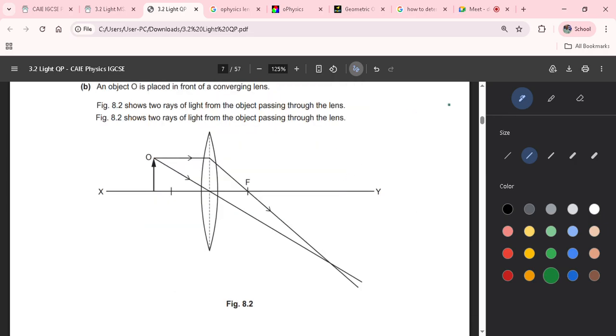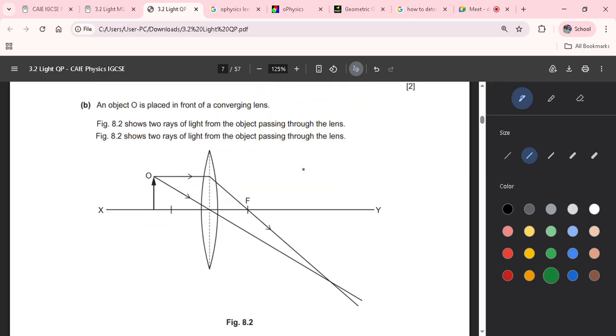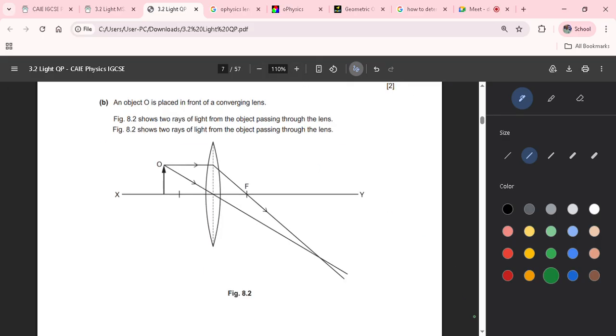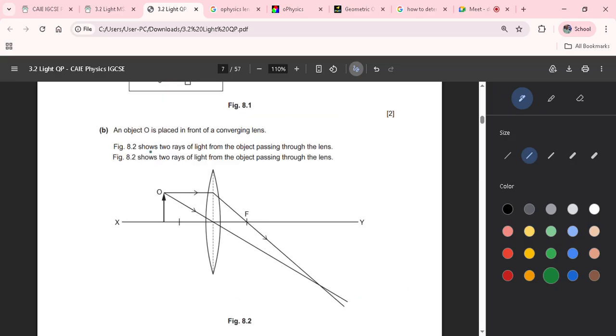Now part B. An object O is placed in front of a converging lens. So this one is the object, this one is the converging lens. Figure 8.2 shows the rays of light from the object passing through the lens.